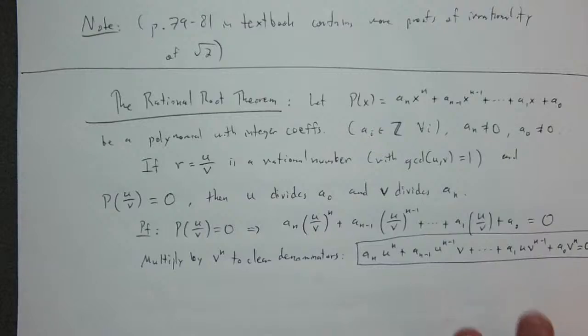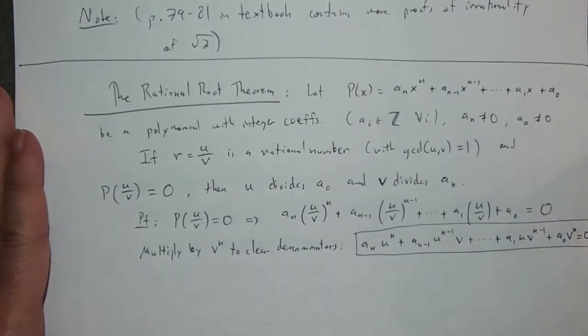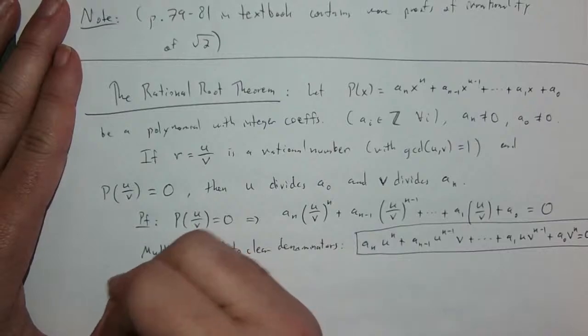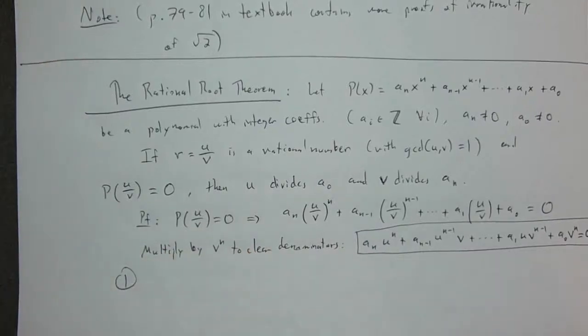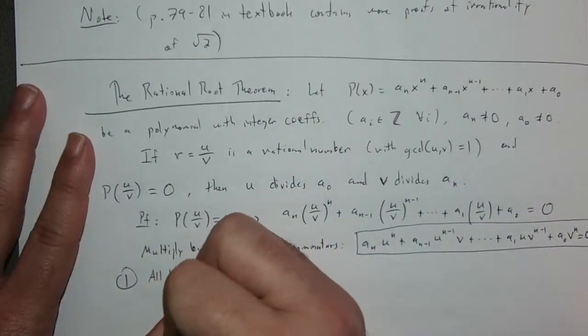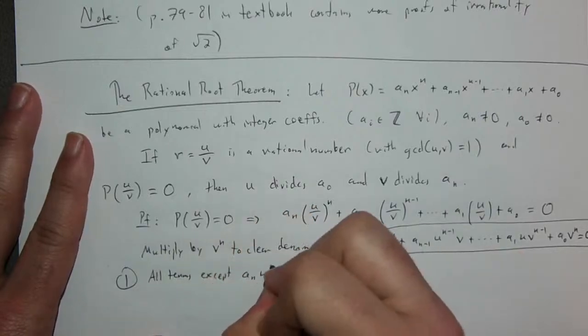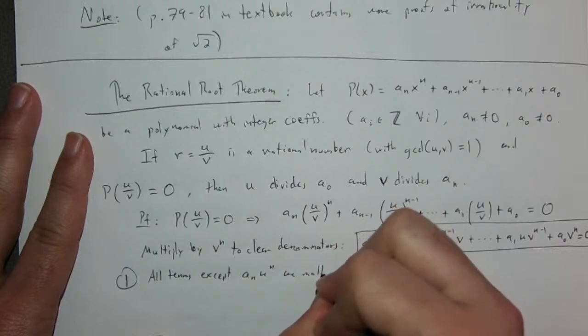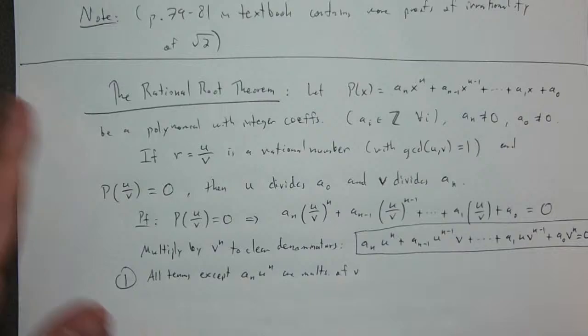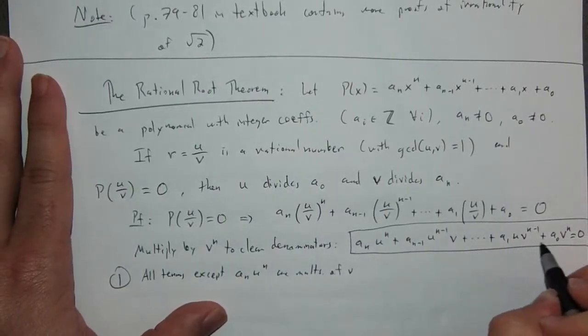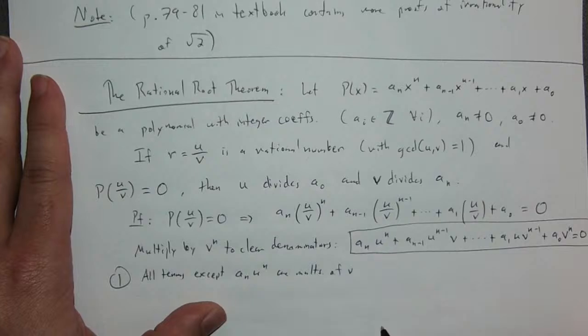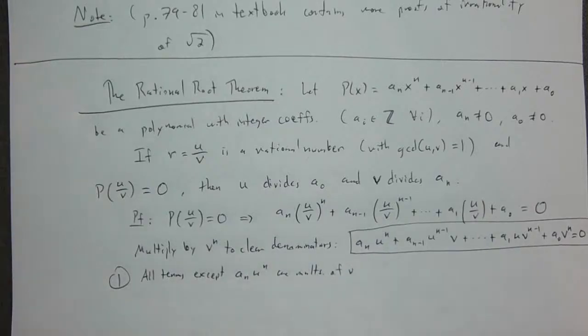Okay. How is it going to do that? So there's a couple of facts I'm going to note. So one, note that all of these terms, except the first one, are multiples of v. So all terms except a sub n u to the n are multiples of v. There's a copy of v in every single one of these other terms except the first. So all terms except the leading term are multiples of v.